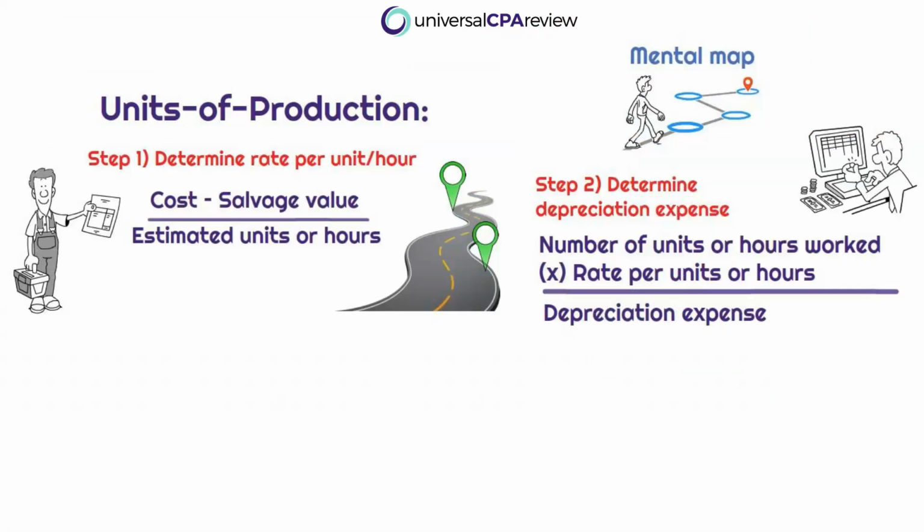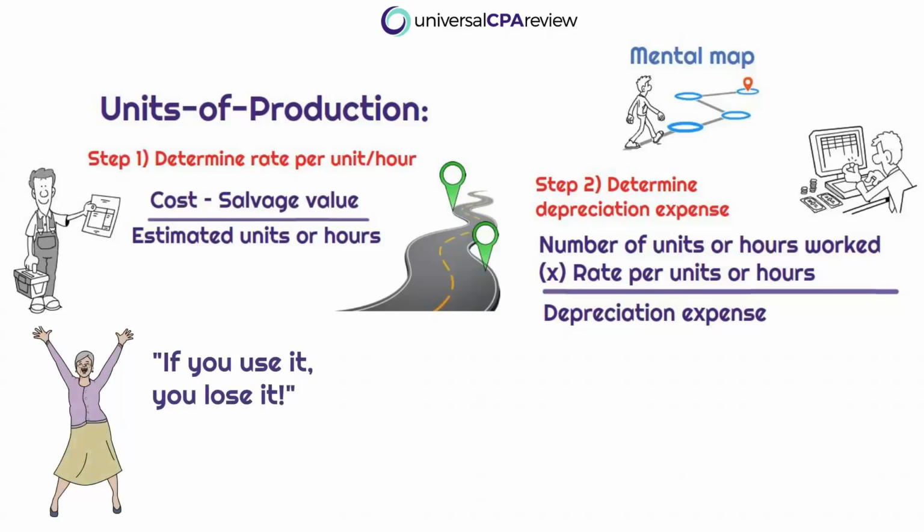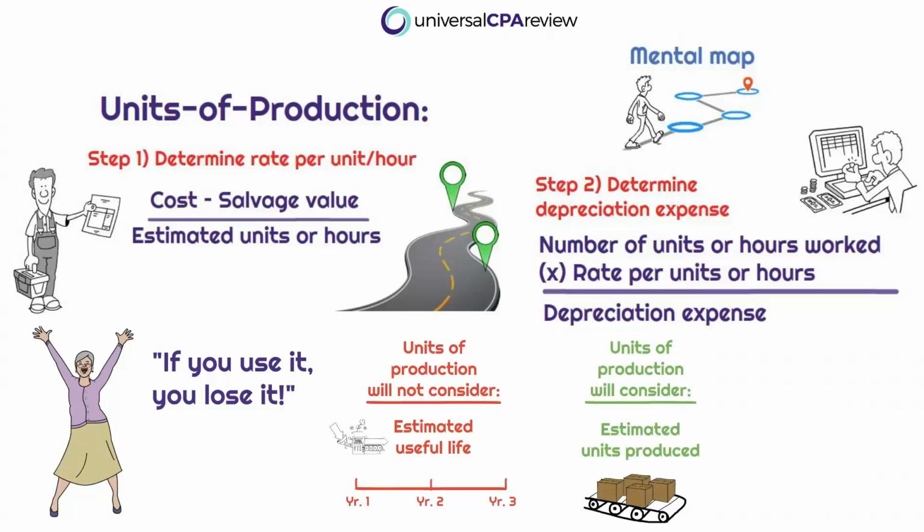Okay, so the fourth and final depreciation method that we're going to talk about is the units of production method. If you use it, you lose it, right? That's what they say, something like that. All right, so where this method is different is that it's the only one of our four depreciation methods that will not estimate the useful life of the asset for calculating the annual depreciation expense.